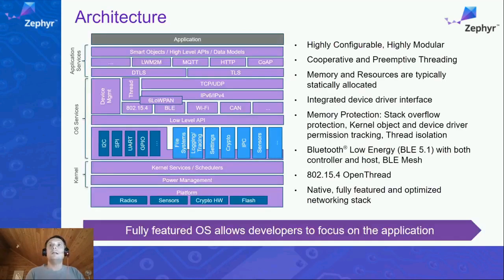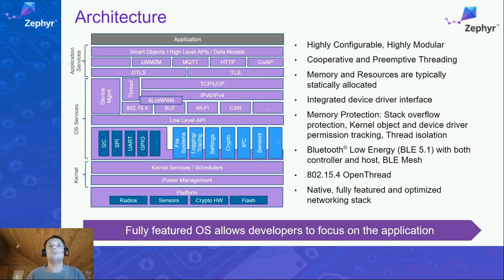Next, let's talk a little bit about the architecture of Zephyr. As you probably have guessed already, based on the previous slide, Zephyr is very configurable and very modular. It has a lot of features, cooperative and preemptive threading. It also relies on statically allocating the memory and resources. On most of the configurations we typically ship with, the memory and the resources are predefined at build time.